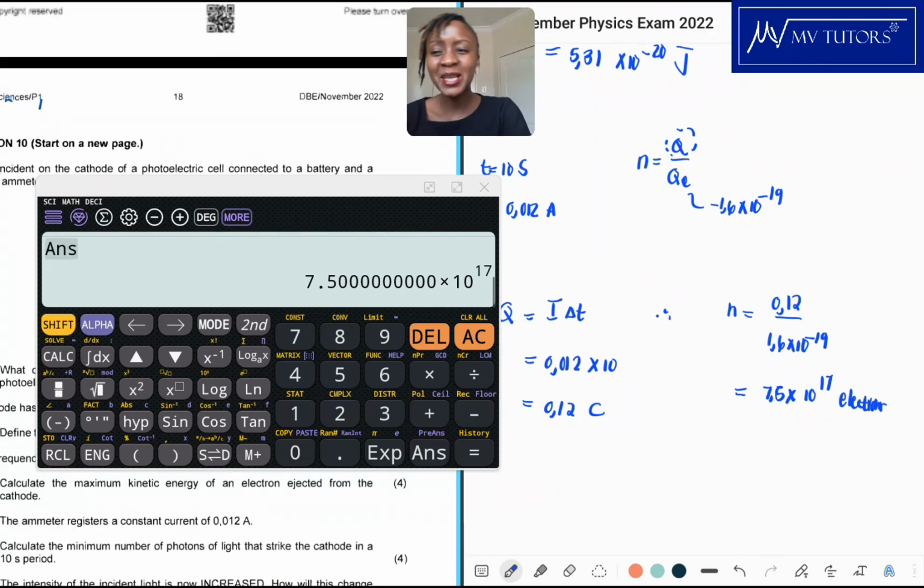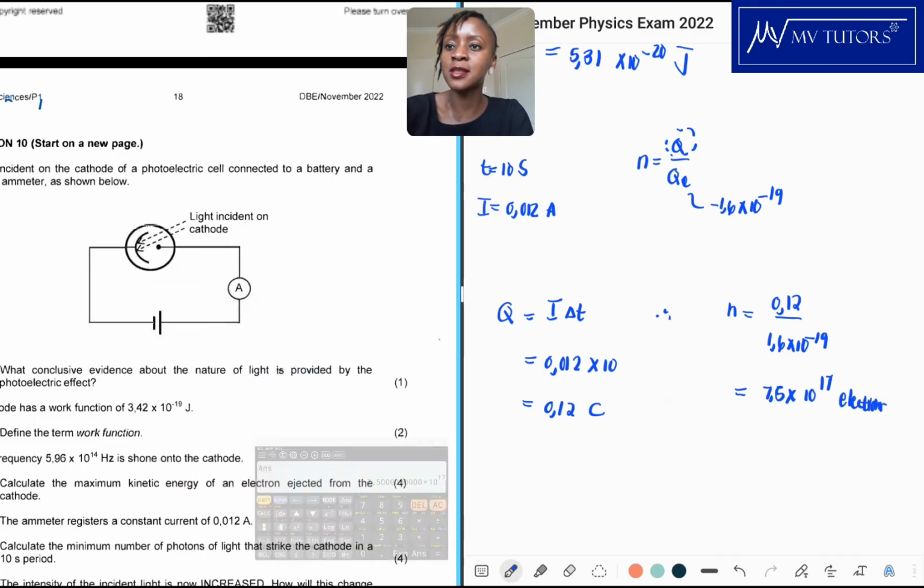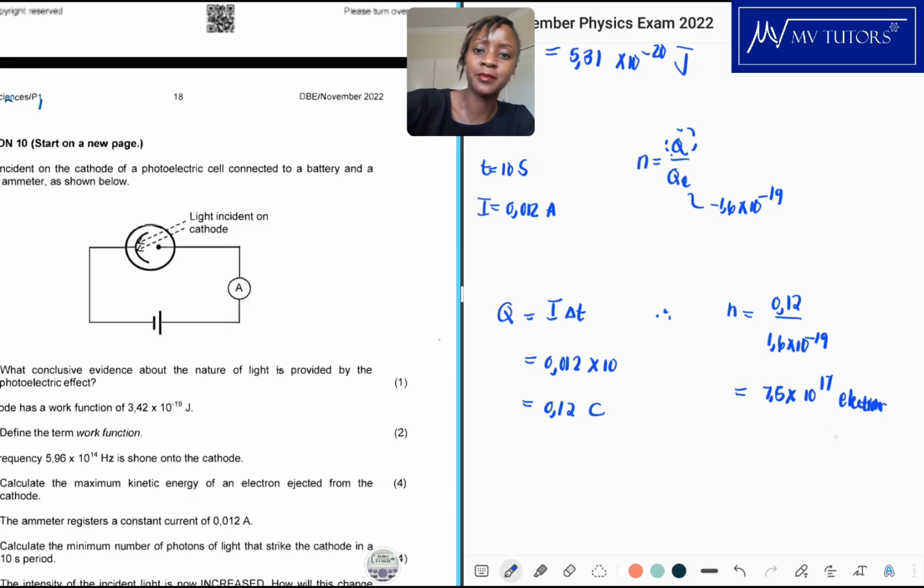Okay, so I managed to get it to scientific notation, and we can see it's 7,5 times 10 to the power 17. All right, and these are the number of photons actually, which is what they asked. So yeah, electrons in brackets is actually photons.